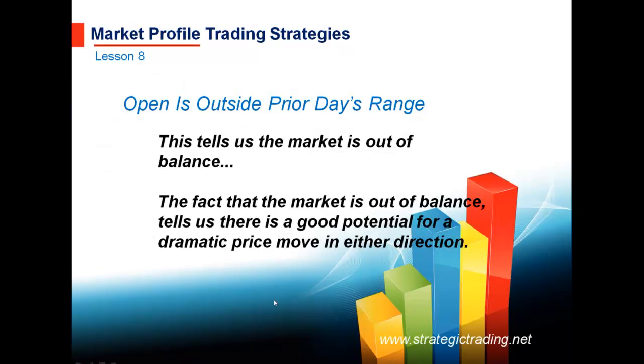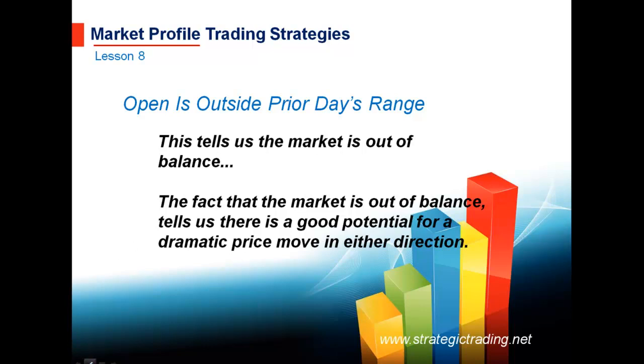All right, we've talked about an open that's either inside the range or even inside the value area. And we talked about that if it's in fact inside the value area, the likelihood of a non-trend day is usually fairly high, and we're going to get a narrow trading range. Now, what if the open is in fact outside the prior day's range?